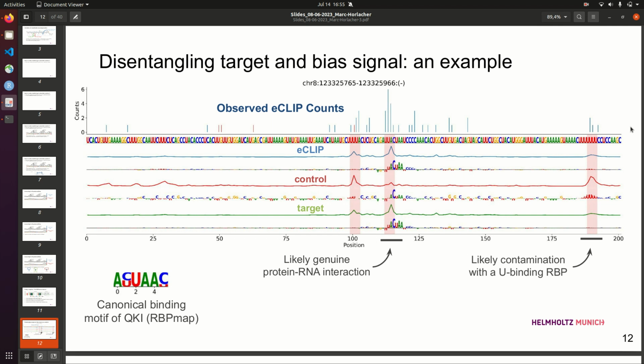As we can see, the modes of the predicted distribution of the eCLIP and the target correspond to the modes of the actual counts. And the top mode is also associated with the known canonical binding motif of the QKI protein, for which this prediction is. On the other hand, for the control prediction in red, we can see that the modes rather correspond to U-rich regions, which are likely contaminations with a U-binding RBP.